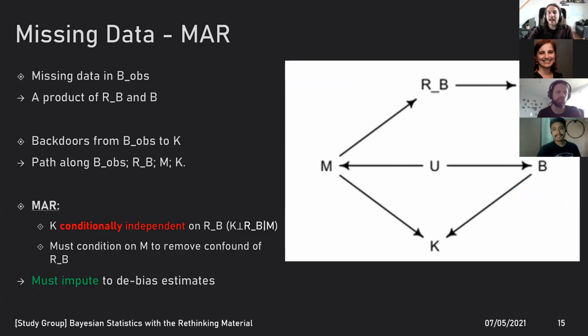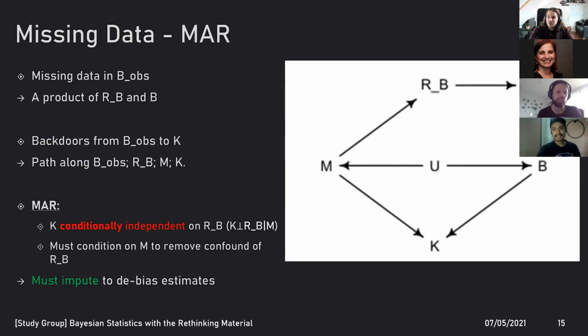Now, when we move to missing at random, we have this link right here. We have some missing data in our observations. This is a product, again, of RB and B, but now there's a backdoor path from B observation to K, which goes through B observation, through RB, through M into K, which means there is a confound in trying to use B observation to predict the effect of B onto K. So in this case, K is conditionally independent of RB when we condition on M, because then we close down this fork right here.